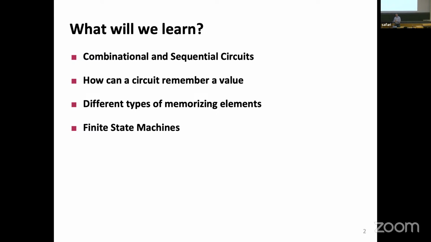Because combinational circuits were such that you provided a set of inputs, and the moment you had the inputs, you knew what the output was going to be. Now, sequential circuits can also remember things. And for this, we will see what is the basis of memory in digital circuits. How can we do that?